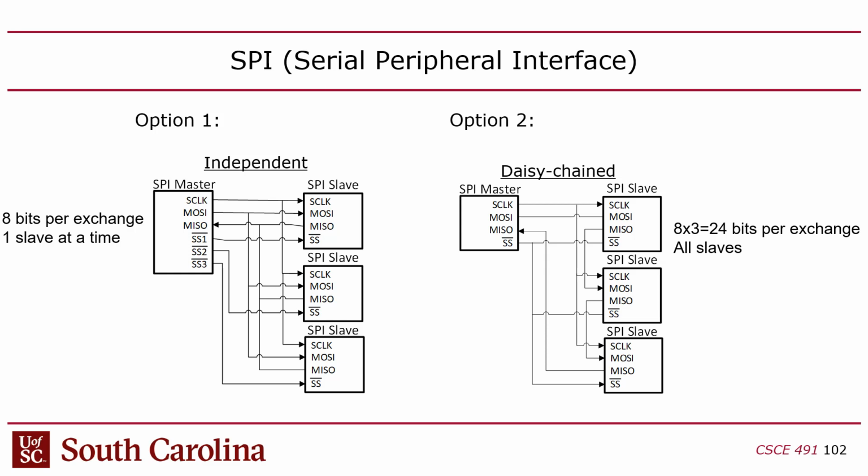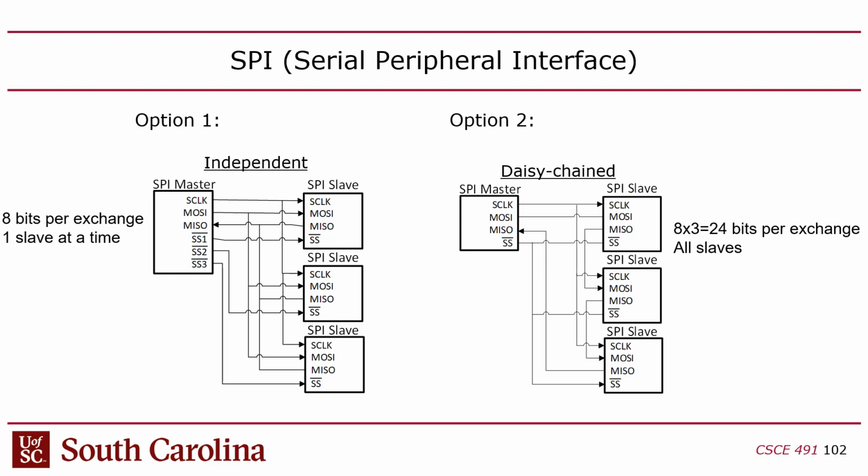And then the clock and the MOSI get fanned out, meaning that clock and MOSI are driven by the master and they go out to all the slaves. So all the slaves see the same clock and MOSI, but only one of them will actually acknowledge it because you have the individualized slave selects for each slave.